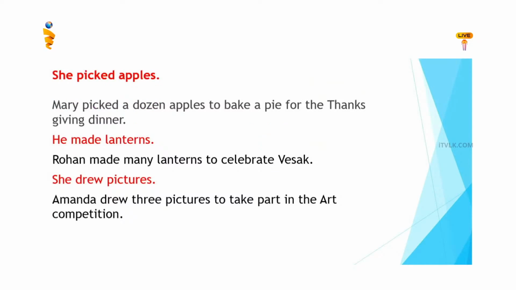Now look at this, children. She picked apples was a simple sentence, but by asking these small questions, why, who, and how many, we have expanded the sentence. She picked apples became Mary picked a dozen of apples to bake a pie for Thanksgiving dinner.